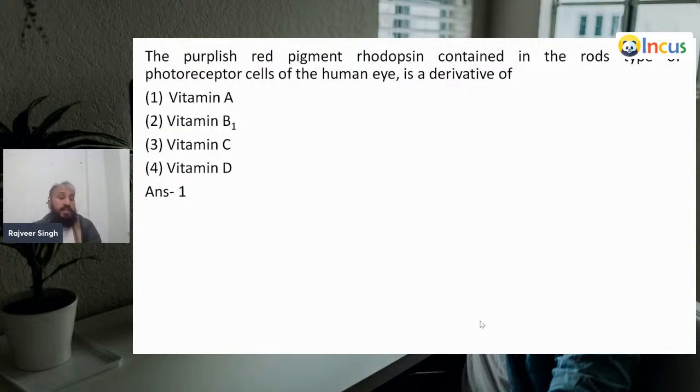Okay. Now, next question is about the purplish red pigment rhodopsin contained in the rod type of photoreceptor cells of the human eye. It is a derivative of which: vitamin A, vitamin B, vitamin C, or vitamin D?